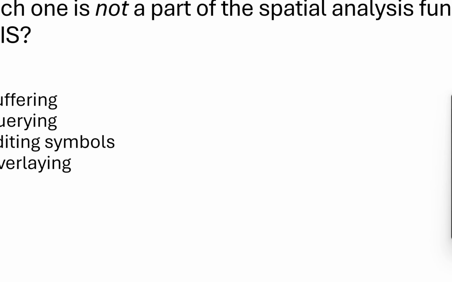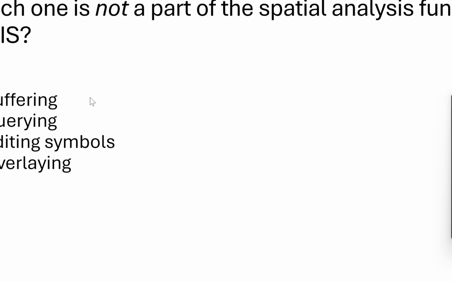Some people are saying B, some are saying C. For this question, you don't need to know much detail about what these are, as any spatial analysis has to do with locations. If you want to edit the symbol, it has nothing to do with the location. So this will be the answer.